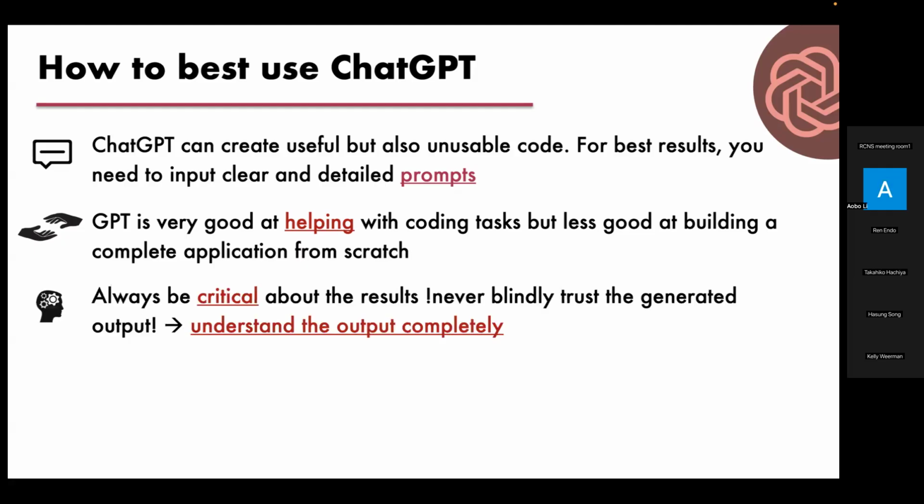Then another very, very important thing is that if you have output, be very critical of what you have. Because GPT makes a lot of mistakes and can also generate random sentences, for example. So never trust your output blindly, and try to understand the whole code that you get. There are some tips that can make this an easier process that I will show you later, like asking GPT to explain every part of the code.